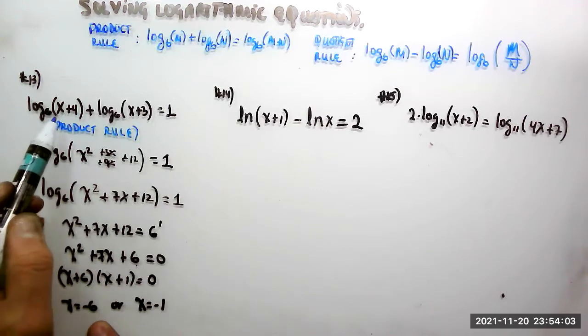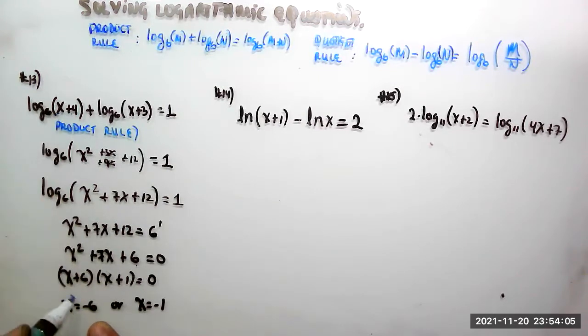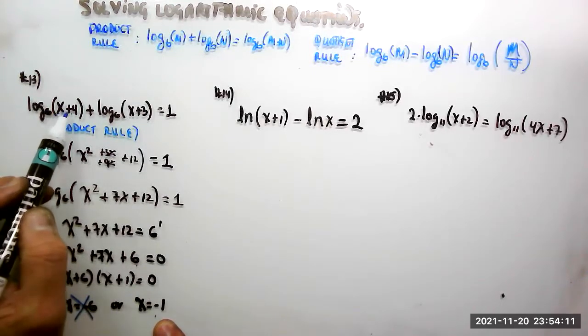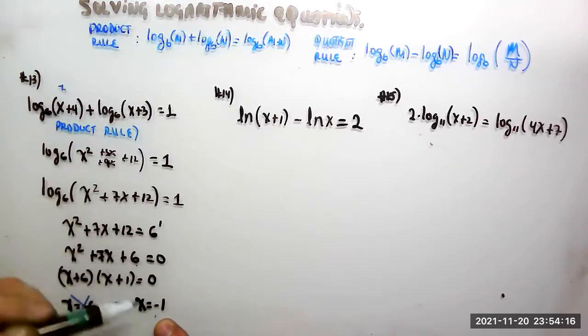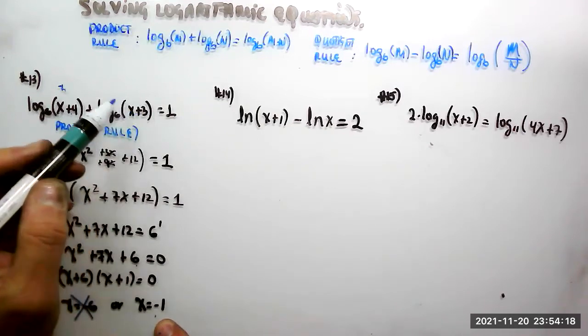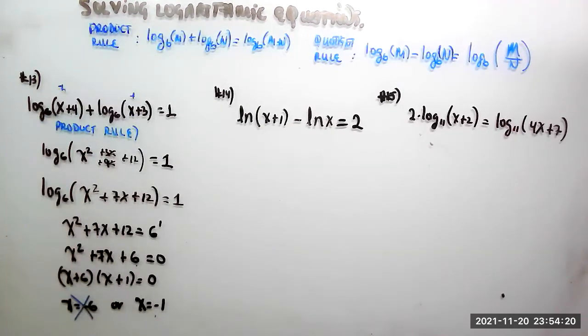When x equals negative 6, x plus 4 indeed is negative 2. So thanks, but no thanks. Now when x equals negative 1, x plus 4 is positive, so we're still safe. And x plus 3 is also positive. So even though the number is negative, when we plug it in, it respects the domain. So we are still safe. One solution, x equals negative 1.